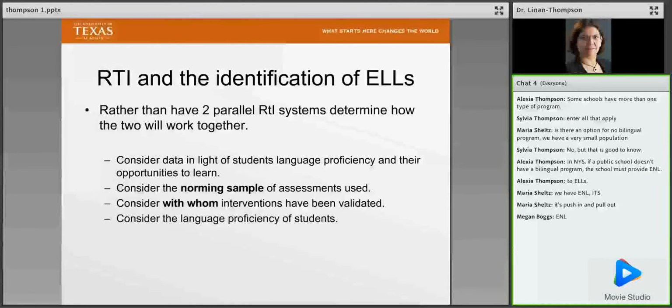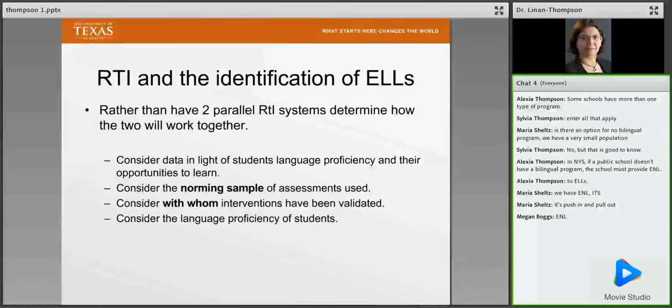The next part is consider with whom the interventions have been validated. I would say that in terms of what to teach, in terms of the components of reading, even if the interventions haven't been validated with those particular groups, it's important to teach those things.